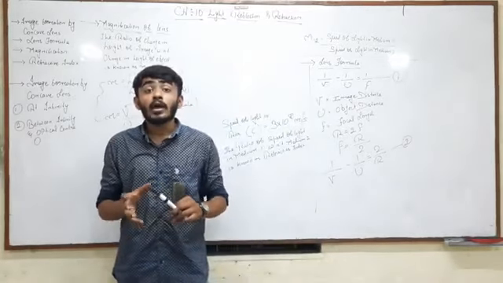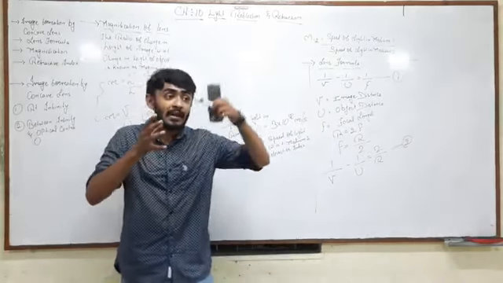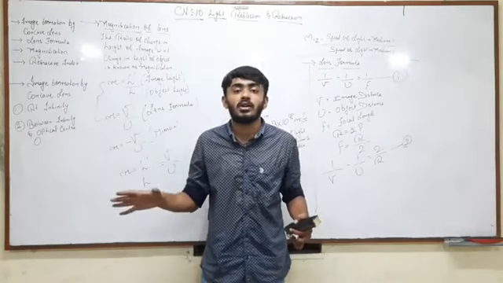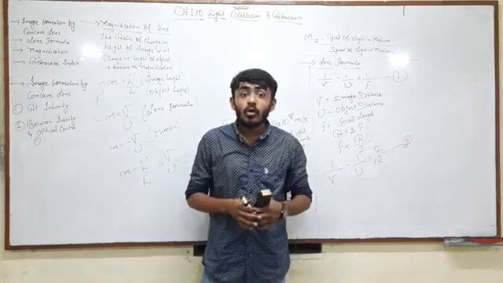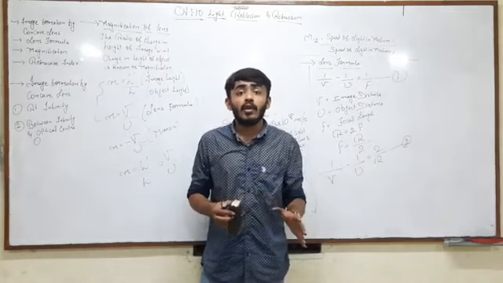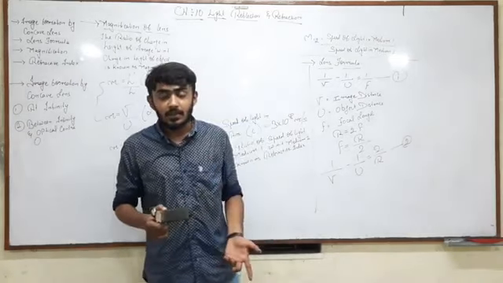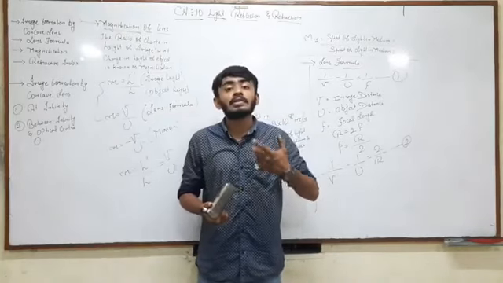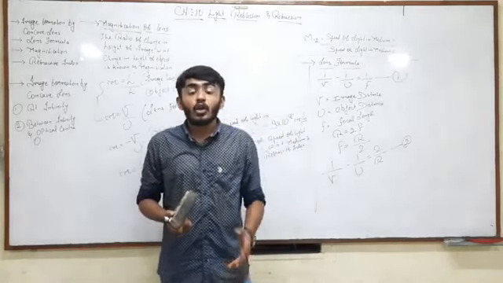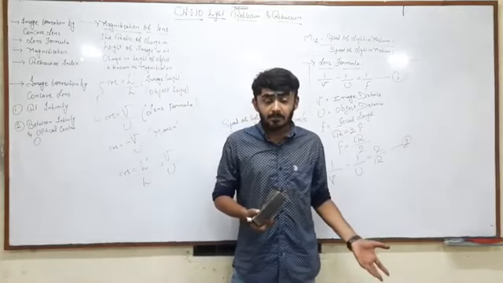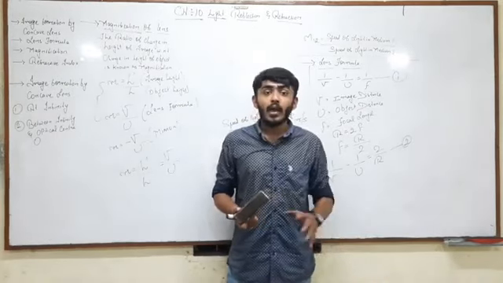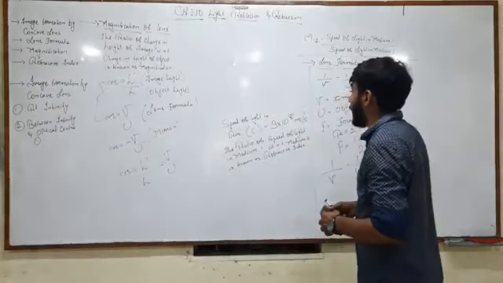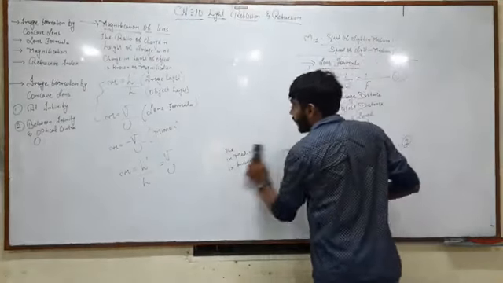What are the numbers through which it is determined what type of spectacles you need for a clear vision? That is also known as power of lens. Using this number of spectacles we can have a very clear vision, and that is known as power of lens.